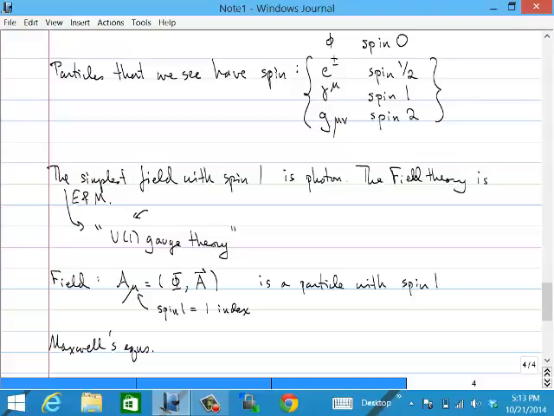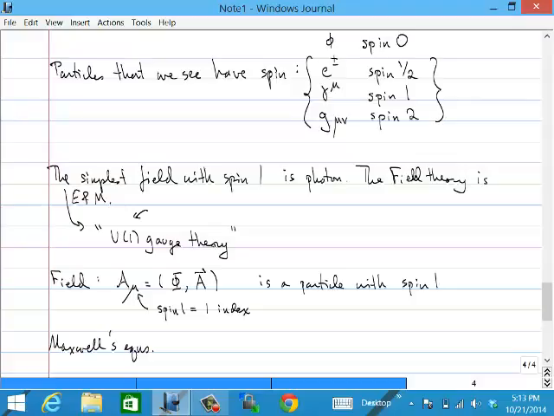But yes, we don't know what the correct theory of nature is. All we know is the correct theory that describes nature at very low energies. We understand it pretty well. But we certainly don't know what's out there. Okay? Good.